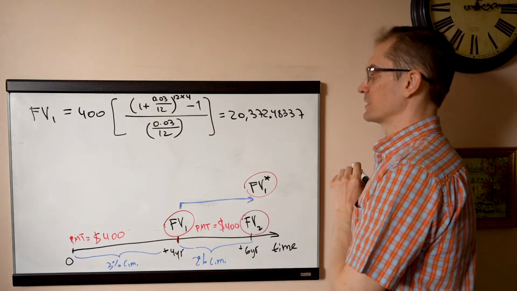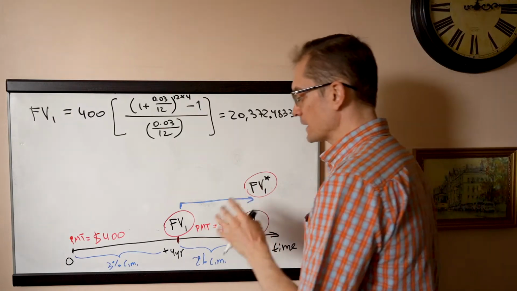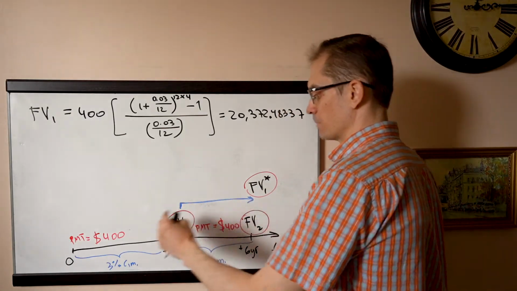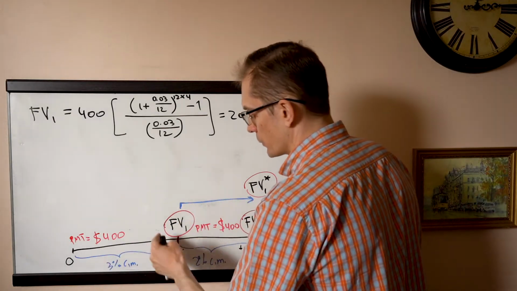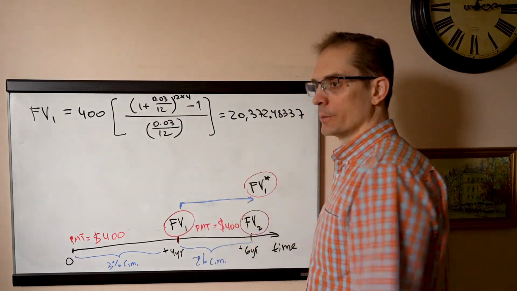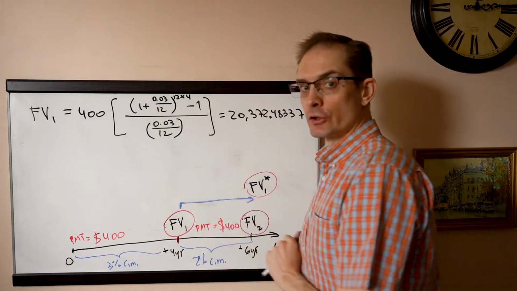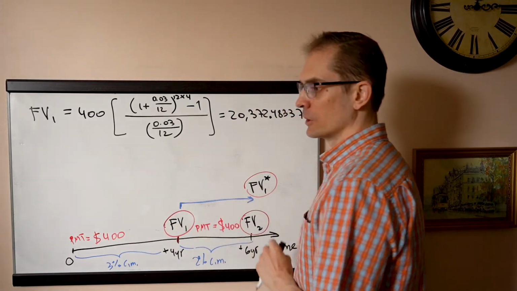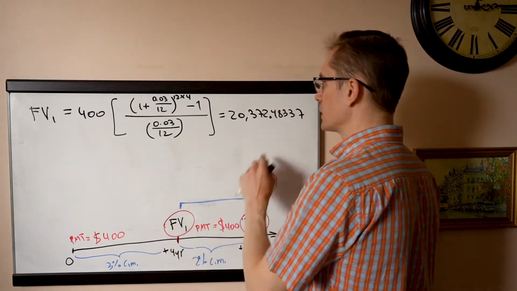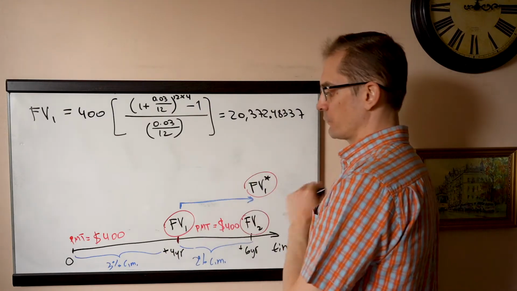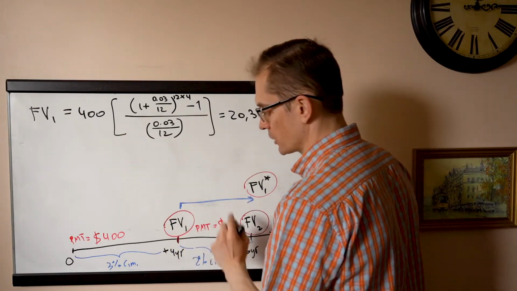So I keep full decimals right now. What that really means is that at the end of 4 years, that's how much will be registered in that account due to that first annuity. So that first ordinary simple annuity will give you this future value, which we call future value 1.